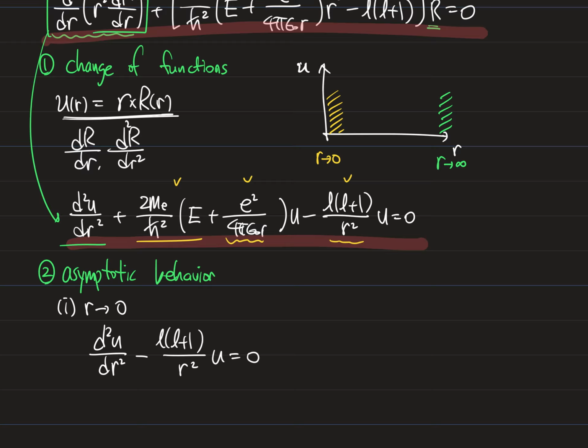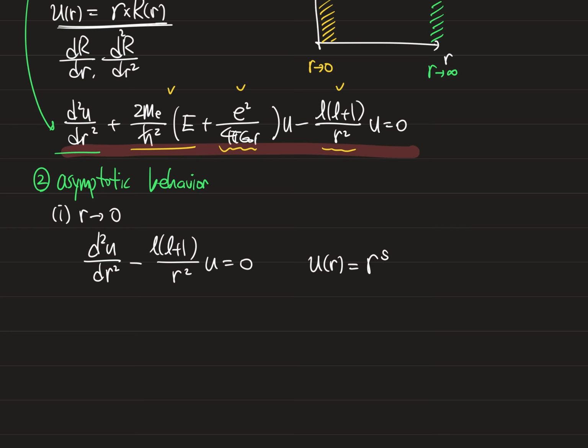When you try to solve this type of differential equation, you can just assume that u is r to the s, and you can put this function into the position of u.